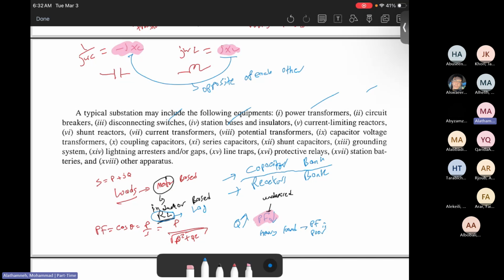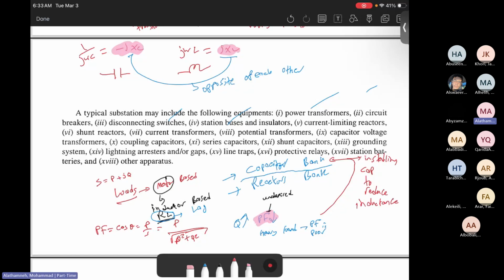When we have a high demand, a high load, we need to decrease the inductance effects. And how can we do it? By installing a capacitor, to reduce inductance effects.